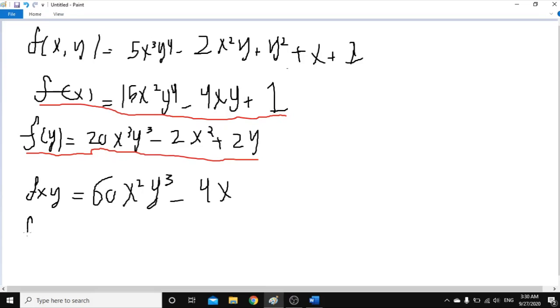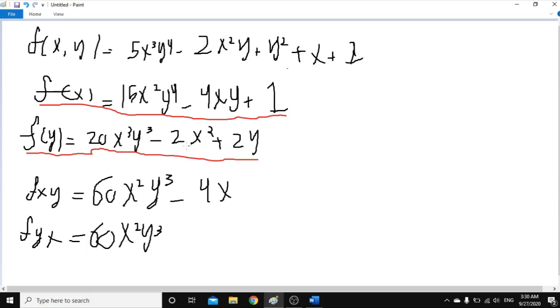And the same concept here. Let's deal with f with respect to y with respect to x, which means from this equation I need to take another derivative with respect to x. So 20 times 3, 60, x squared, and then y cubed, and then we're dealing with respect to x, right?